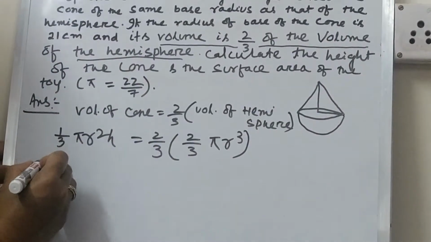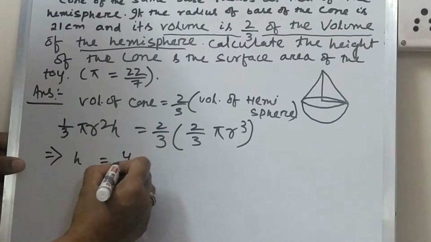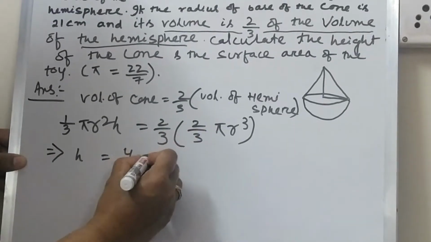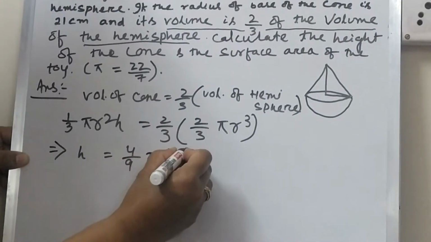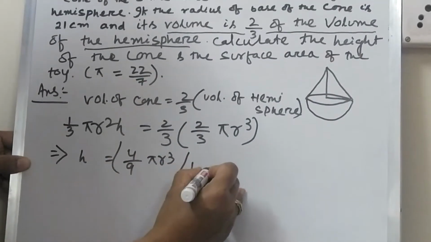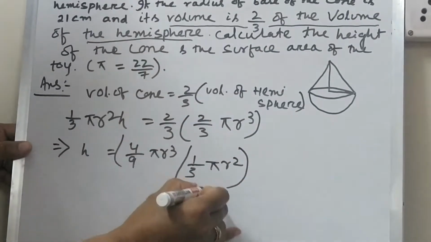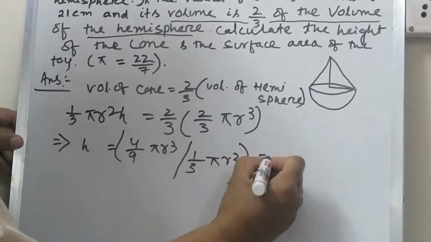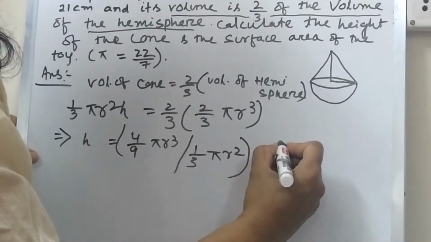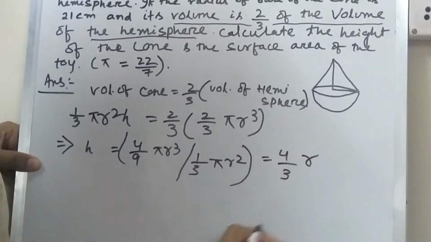If you simplify this, you will get h equal to 4/9 pi r cube divided by 1/3 pi r square. When you cut it or simplify it, you will get h equal to 4/3 r.